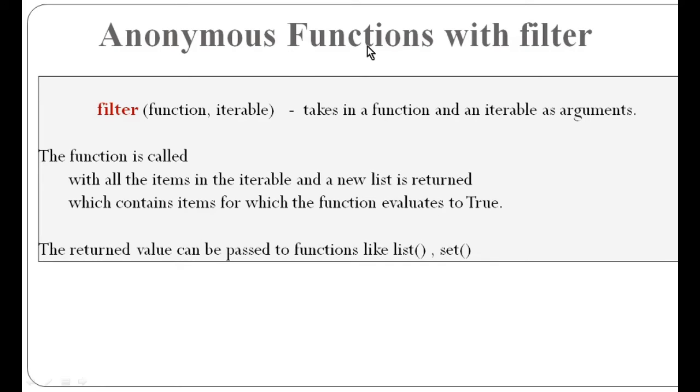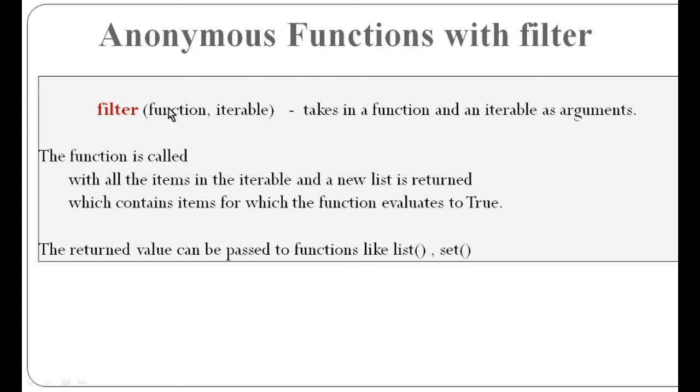This anonymous function can also be used with the filter function. Filter is a function which will take two parameters. One is the function, another is the iterable. This function is called with all the items in the iterable, and a new list is returned which contains items for which the function evaluates to true.